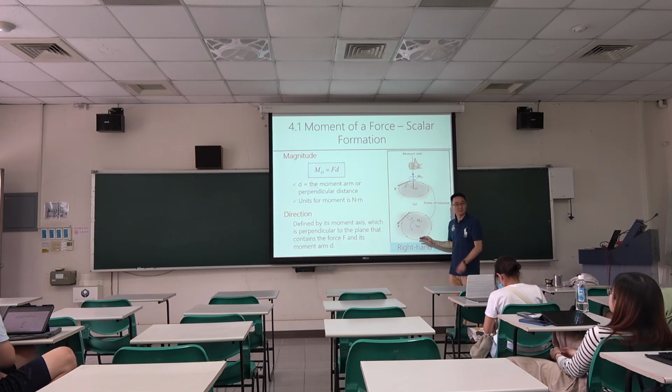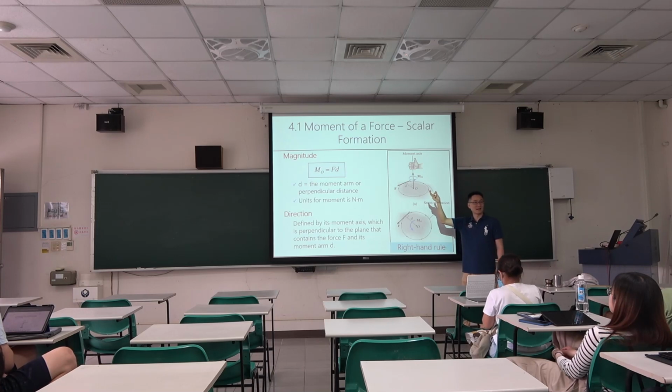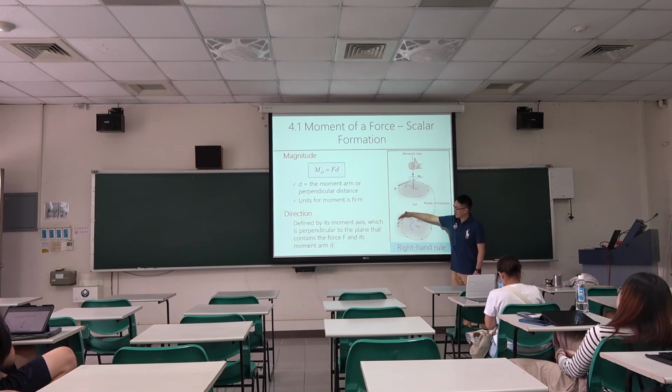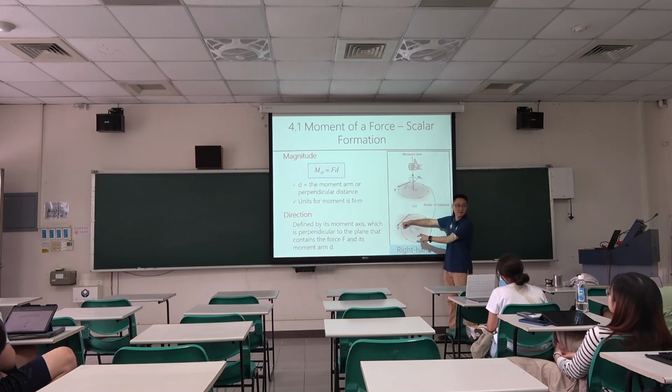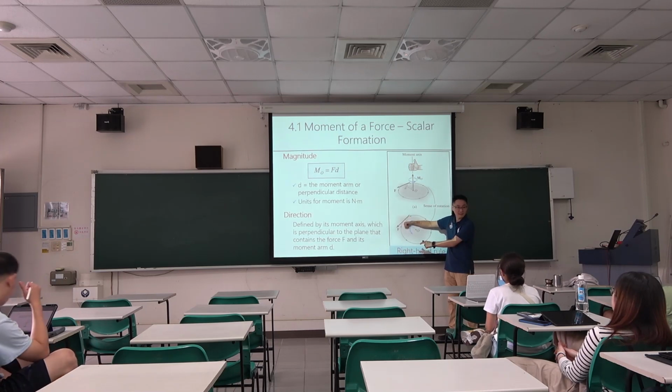Here we will use the cross product. Remember the right hand rule. We can use the forefinger toward F first, then toward the lever arm, from force to lever arm.